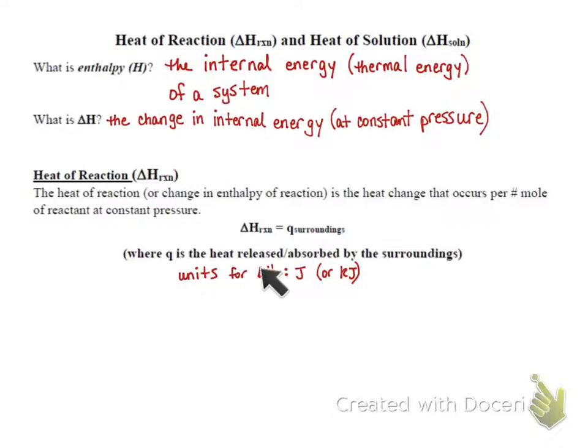So Q is the heat released or absorbed by the surroundings, which we usually can measure. It's usually in water, and we can measure the temperature change. The units for ΔH are joules or kilojoules. Keep in mind that they can also be in calories, but we are going to use joules in this unit.